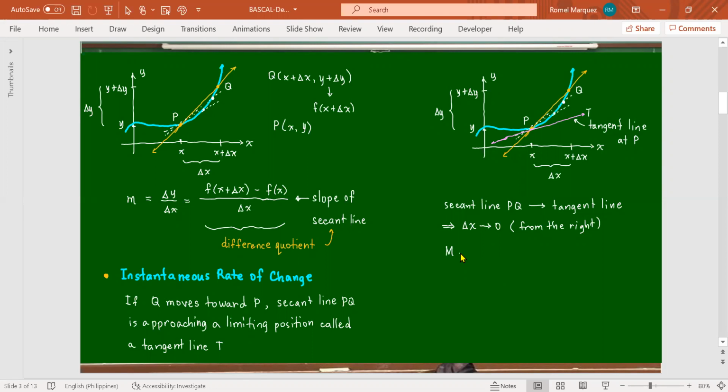So mathematically, we can describe the slope of this tangent line. How can we measure the slope of the tangent line?